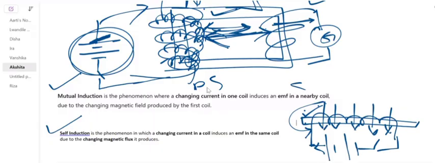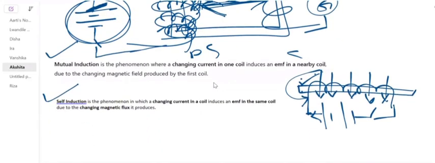Anything you want to ask? Let me give you a diagram for this.